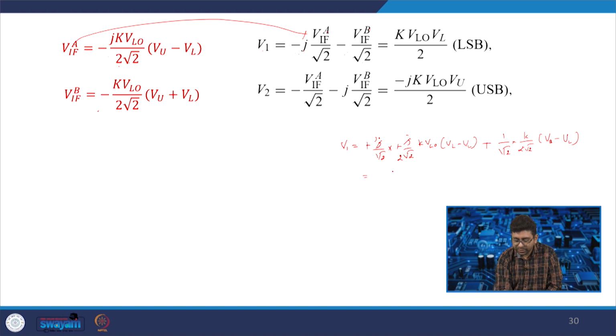So, there is a 1 by 2 into root 2 4 and k into VLO, and you can see that this is a VU minus VL. And when j square, it is a minus. So, VU is cancelled out and we will have a VL.